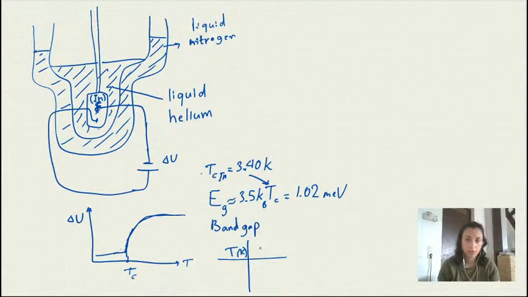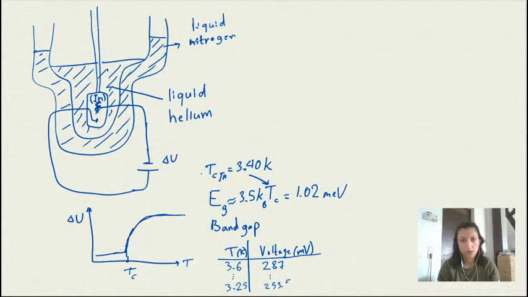So what we got was the voltage in millivolts, for example 3 point something, I don't know, 3.6, which we got as 287 millivolts, and we continued until 3.25, which we got as something like this.